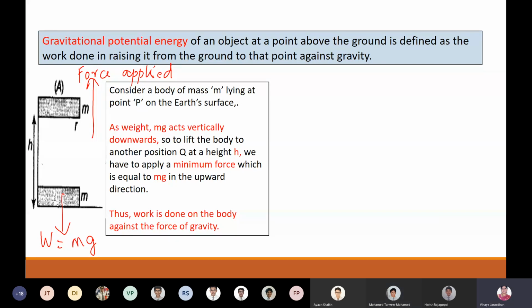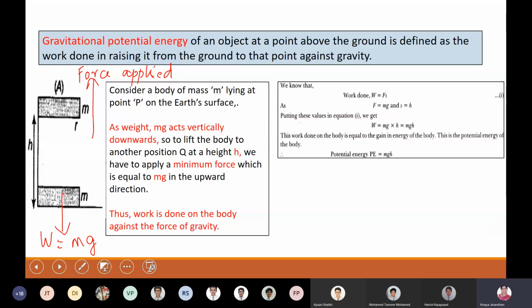I'll repeat this once again, boys. Say I'm having a body of mass m lying on the ground, right? Its own weight is acting in the downward direction, which means the force of gravity is acting downward. There is a gravitational pull, right?